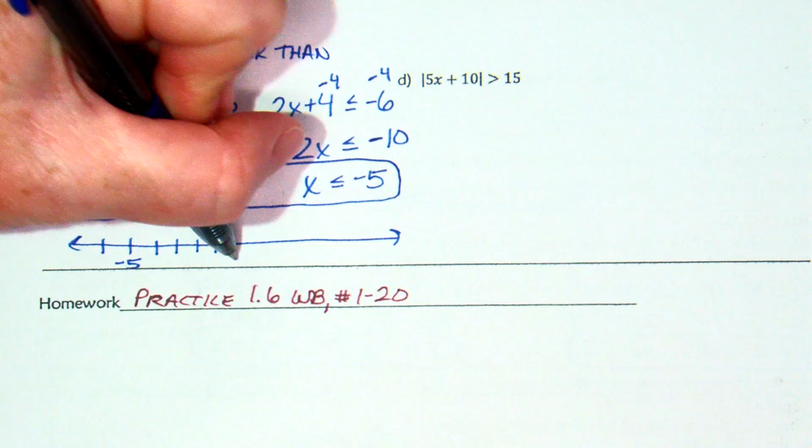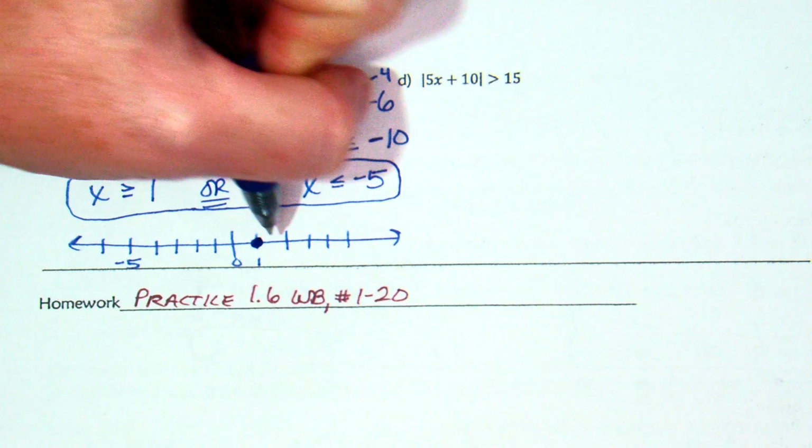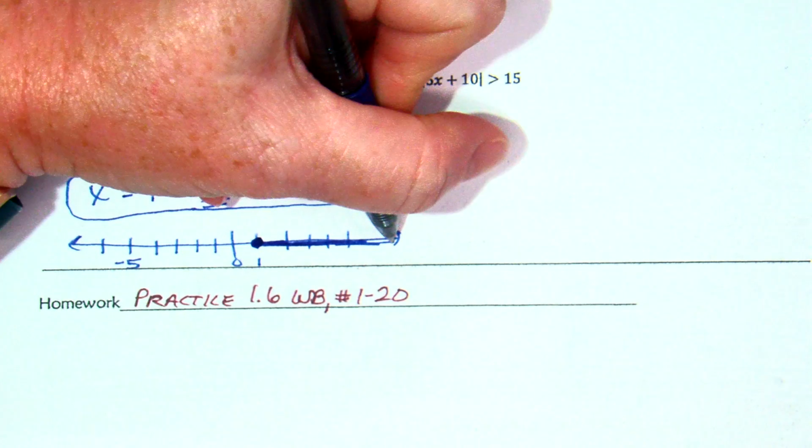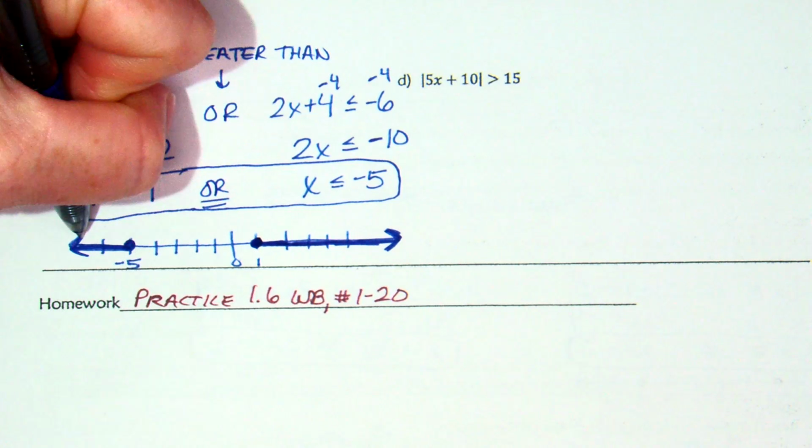Where's that going? Filled in circle to the right of 1. X less than or equal to negative 5. Where does that go? Filled in circle to the left. Notice it's an or statement. My shading went out.